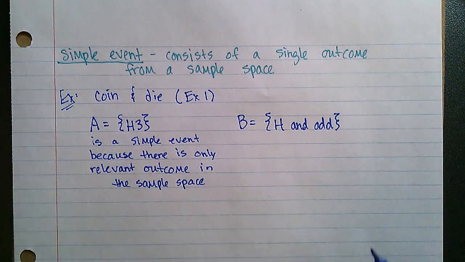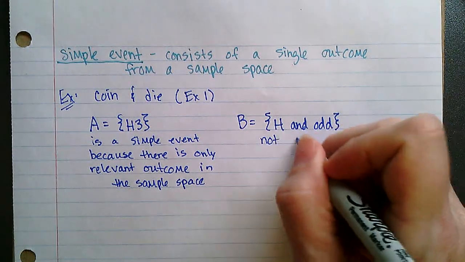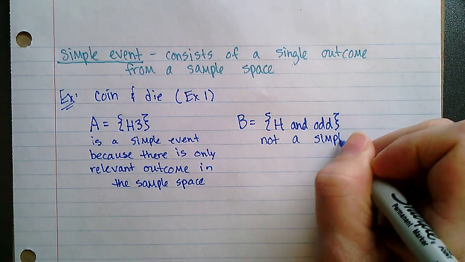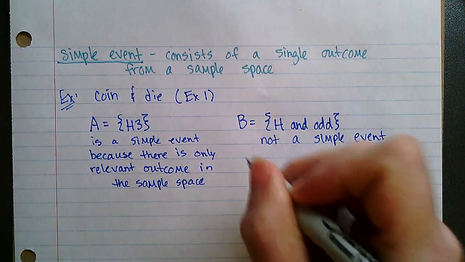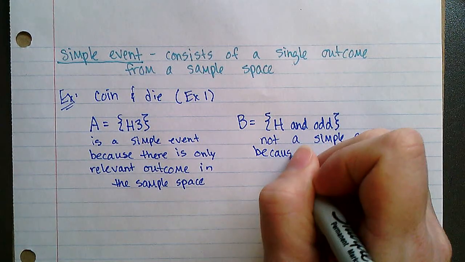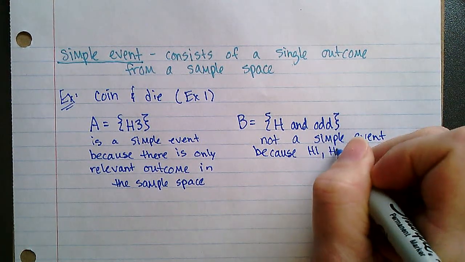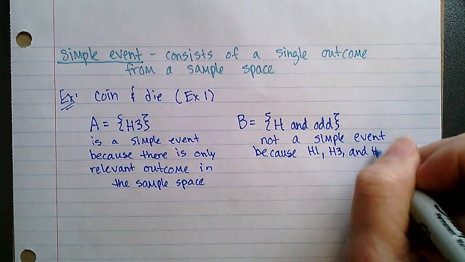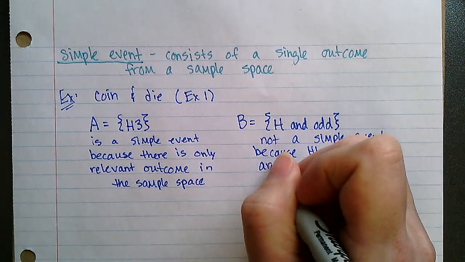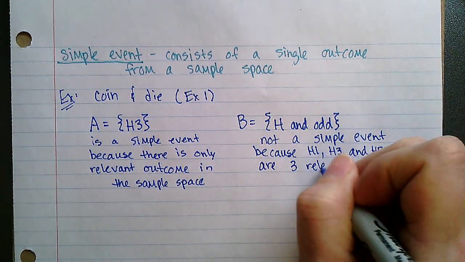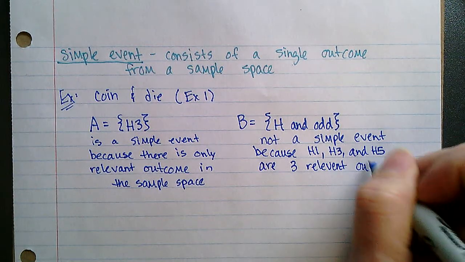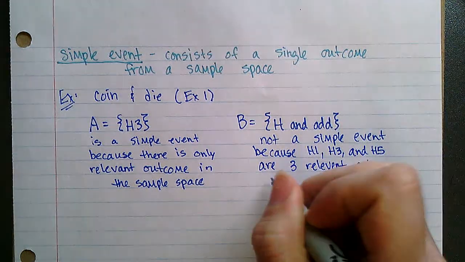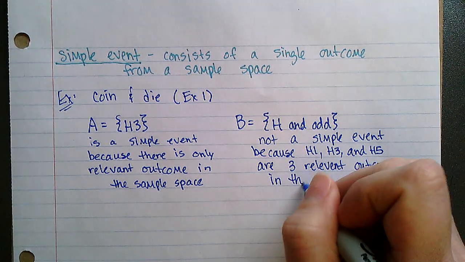So this is not a simple event, because H1, H3, and H5 are 3 relevant outcomes in the sample space, not 1 relevant outcome.